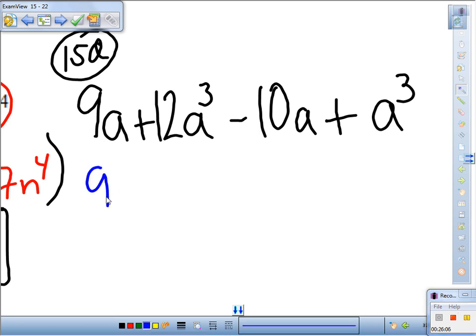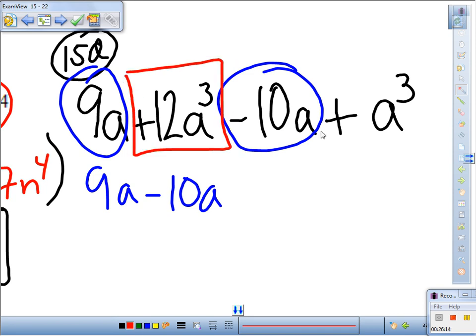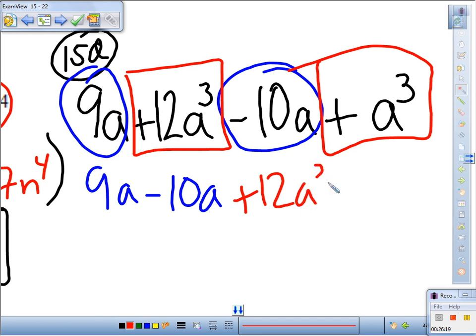So we got 9A because this one is the same as that one, minus 10A. Next, this one is the same type as that one. So we got 12A cubed plus 1A cubed. Are we there so far? So what is 9A minus 10A?